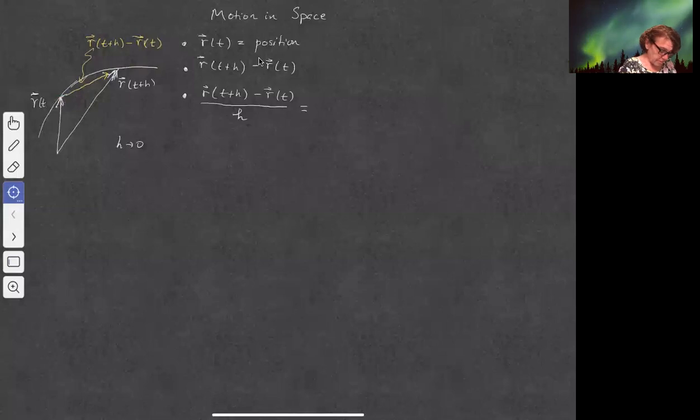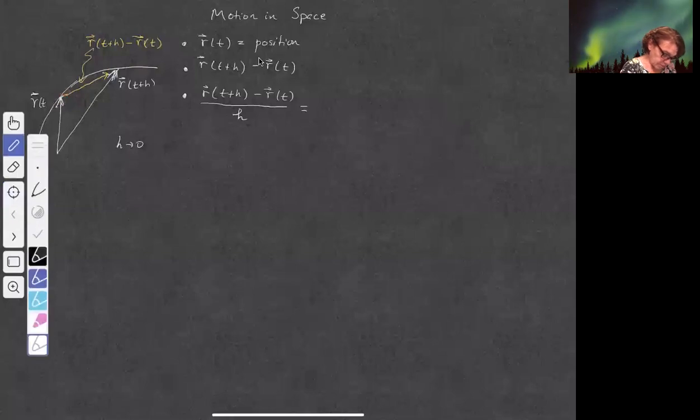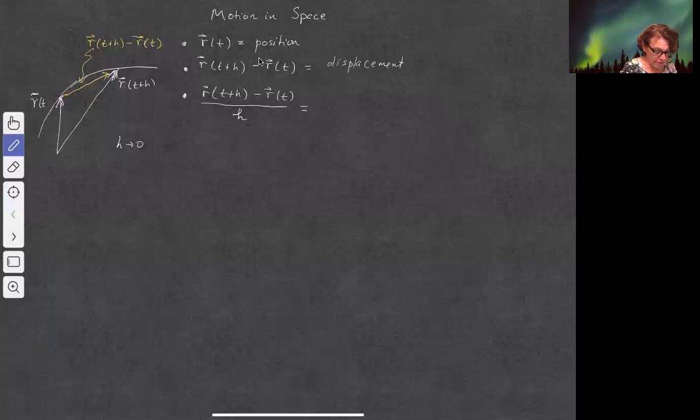We can look at the difference vector, r(t+h) minus r(t), and this would be the displacement vector, or the change in position. So this would be the displacement. And then we can also look at the difference quotient, r(t+h) minus r(t), divided by h.